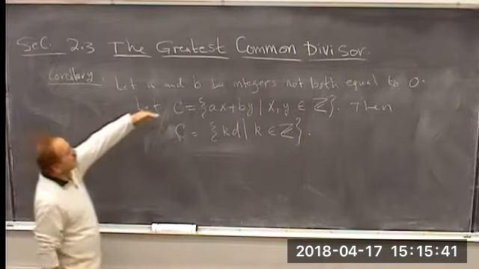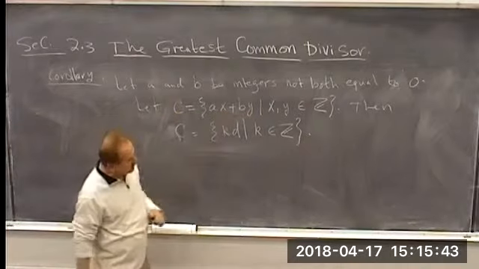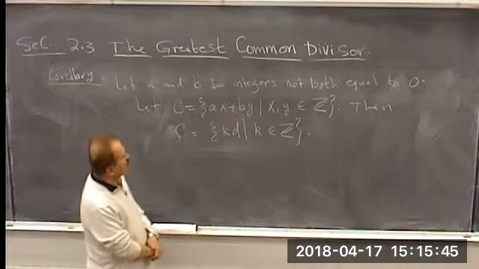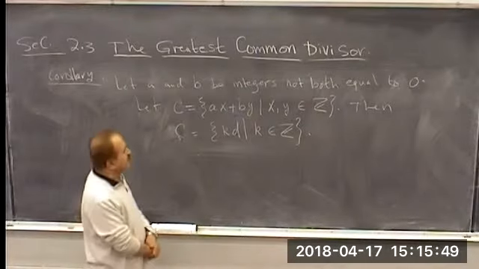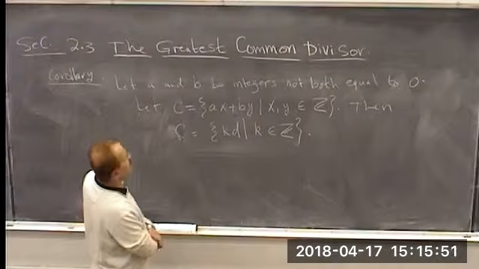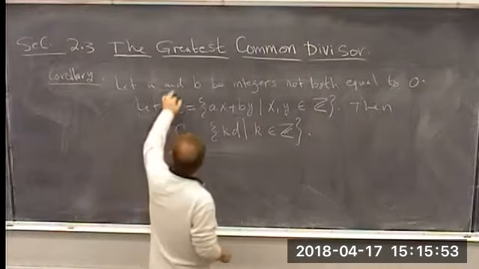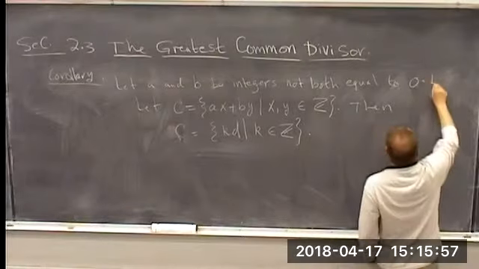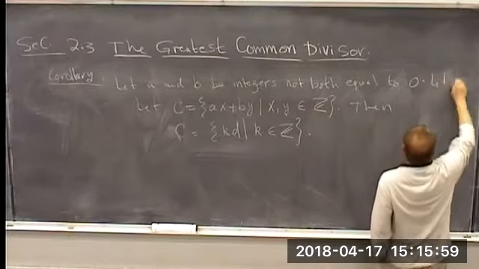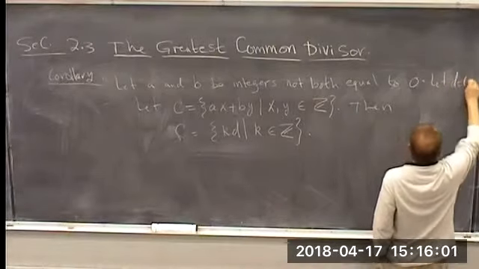So the set of all linear combinations of A and B is the same as the set of multiples of the greatest common divisor. Let D equal the greatest common divisor of A and B.